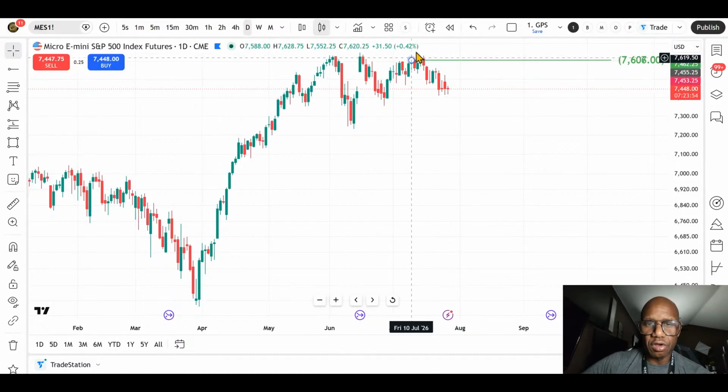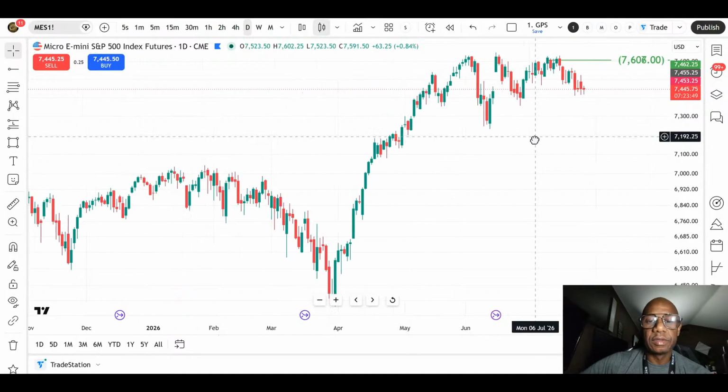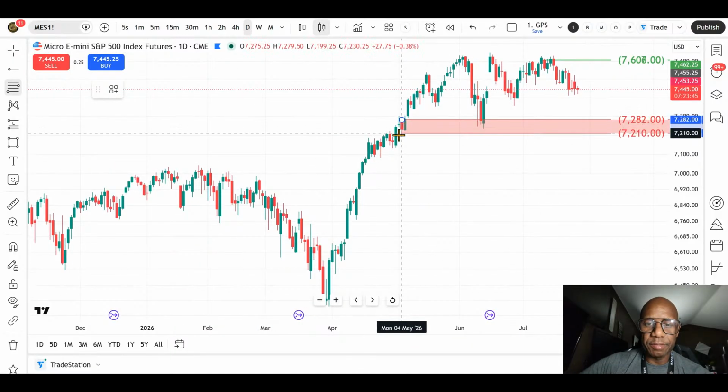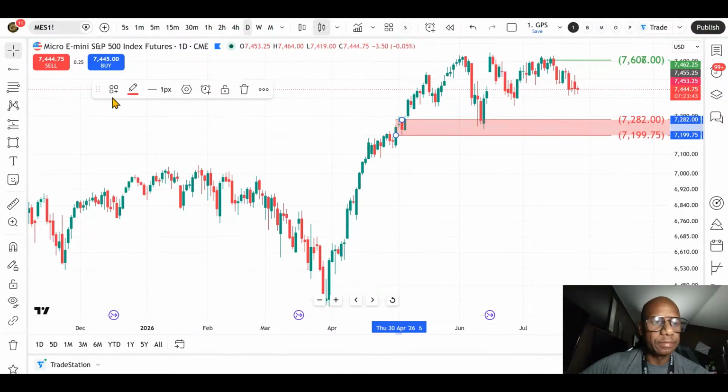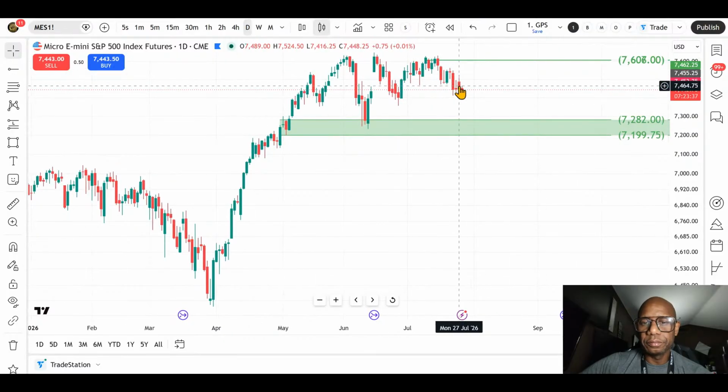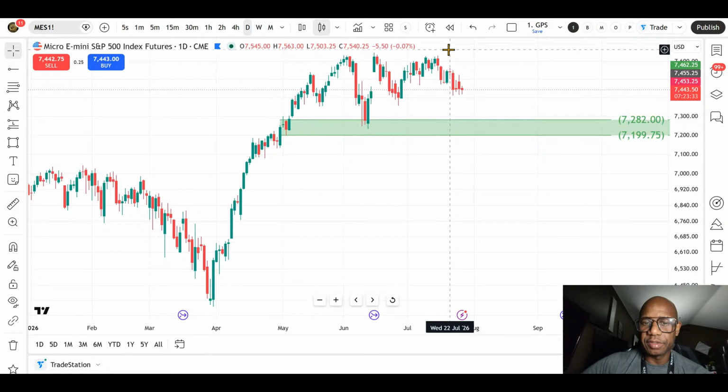It's just not a strong move coming off of this. So price making it back down into this area would be reasonable. And then the setup looks pretty much the same as Nasdaq.